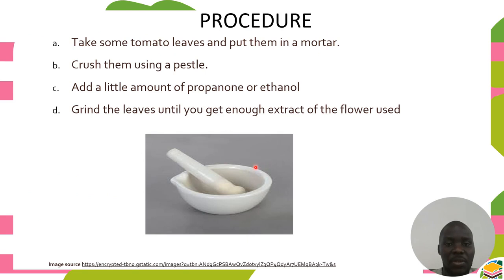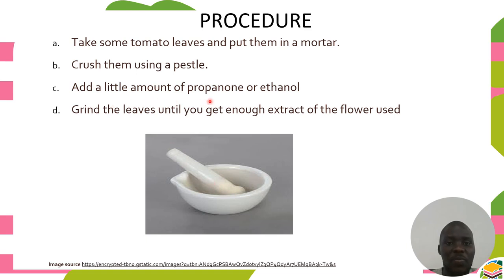A mortar is this one, and a pestle is this one. So we collect tomato leaves, chop them properly and put them in a mortar. From there, you crush the leaves using the pestle.